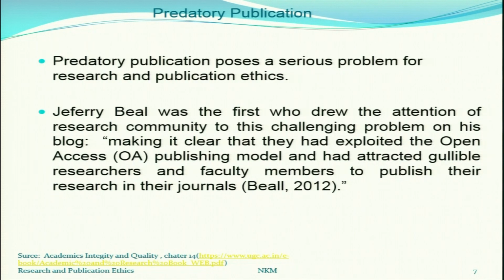Of course, the open access model of research publication has attracted many researchers and faculties. It gives these researchers an opportunity to publish their papers, but we have to understand that it has also created a big, serious issue of predatory journals in research publication practices.